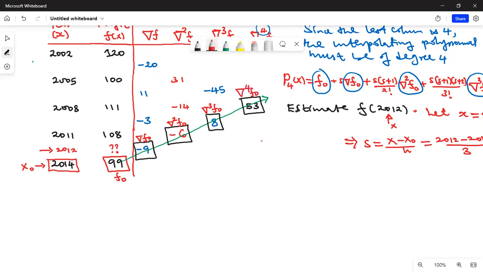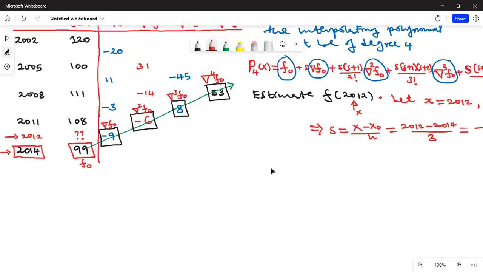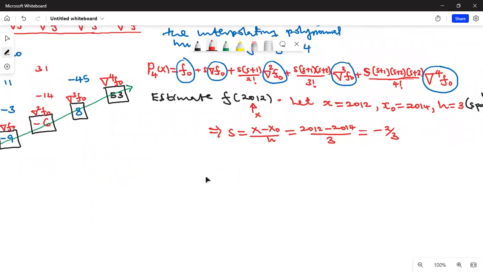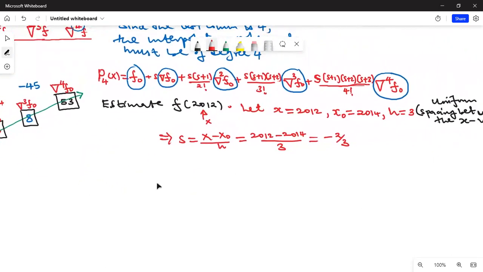So we have them now, we can replace in our polynomial. We also know F naught and we know S. So when we replace back, this is what you're going to get. Go back to the polynomial. Therefore, F of 2012 is approximately equal to P4 of 2012.